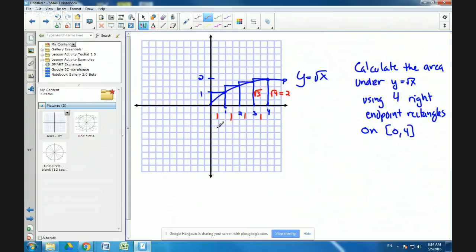So how tall would this one be? Yes, root 2. This one, square root of 1, right? And now calculate the areas: 1 times 1, 1 times root 2, 1 times root 3, 1 times 2, right?